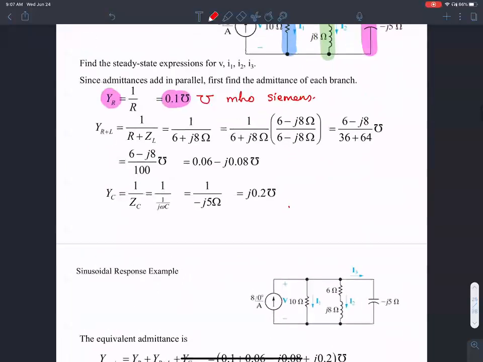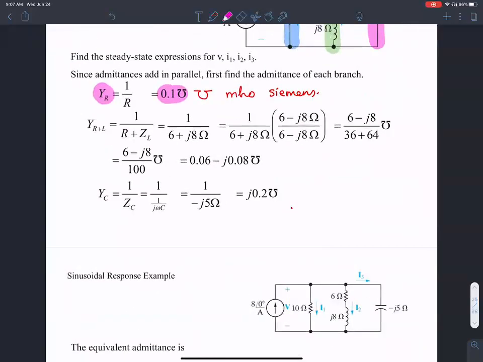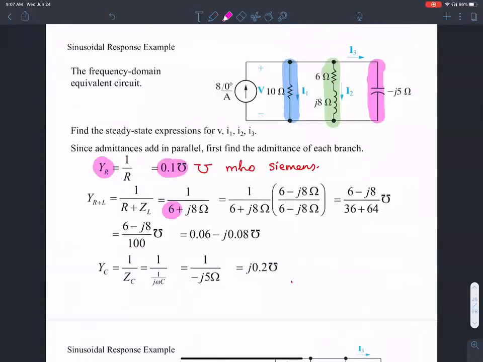Now, I can do the complex number calculation for this. This guy is R, which is 6 ohms here. So how did I calculate Y in this branch, YRL? That's 6 ohms plus j8 ohms.